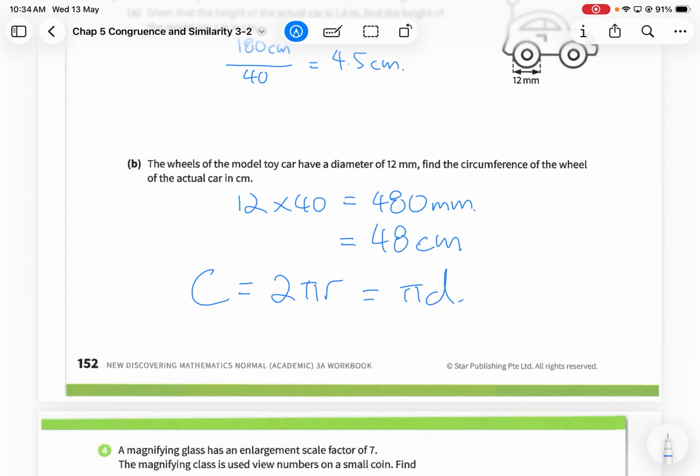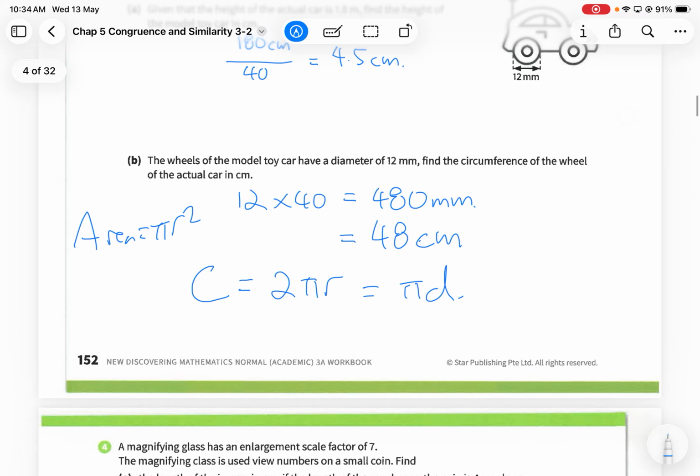Okay? 2 r is the same as diameter. Okay? The square one is when we talk about area. Area is pi r square. Okay? But circumference is 2 pi r or pi d. So we need to multiply my diameter by pi.